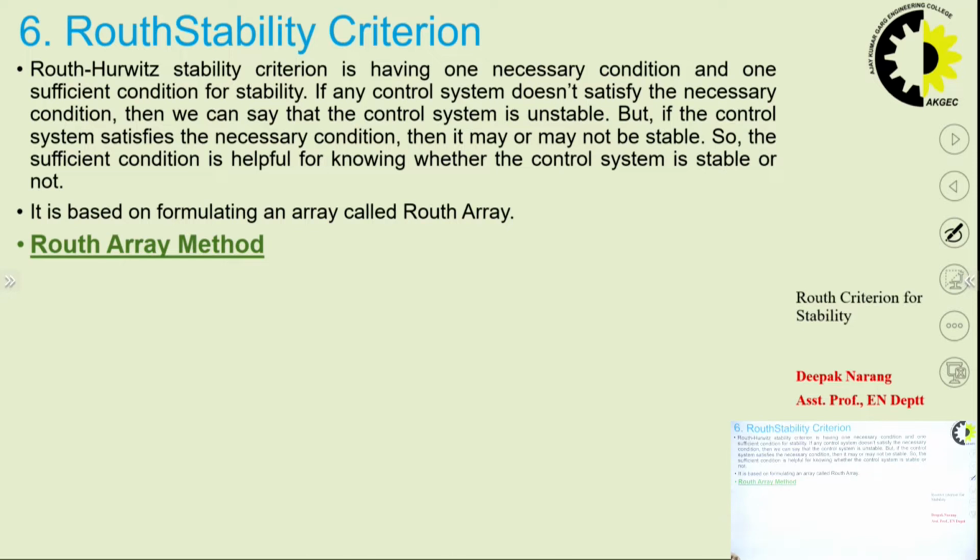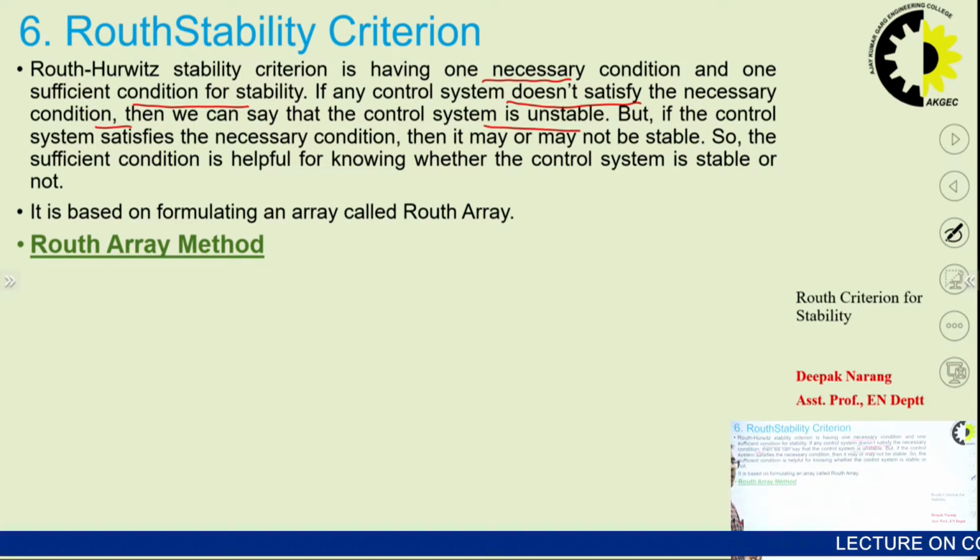Now we come to the Routh stability criteria. Basically, this Routh stability criteria has one necessary condition and one sufficient condition for stability. If a control system doesn't satisfy the necessary condition, we can say the system is unstable.